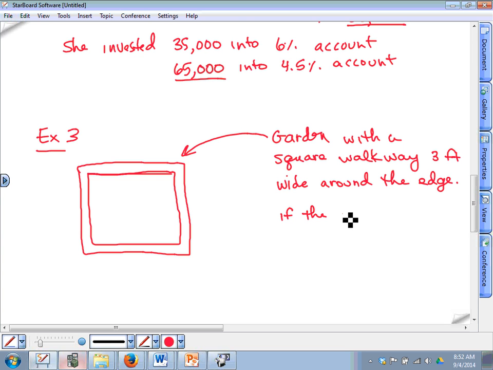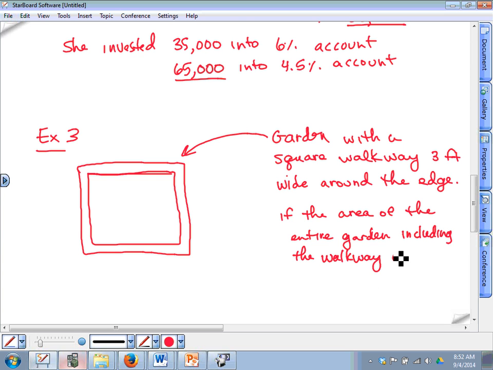If the area of the entire garden, including the walkway, is 18,000 square feet, what are the dimensions of the planted area?